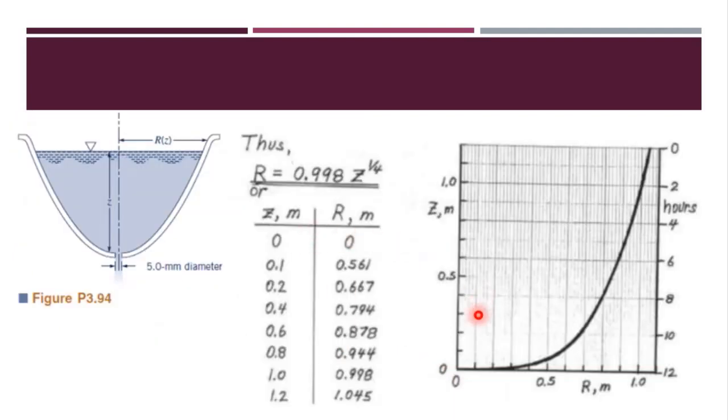We have also plotted this over here, the variation of the radius r of this vessel with this height z. So this shape has also been plotted over here, and on the right side we have the time. So this tells us how the time will change with the height or the level of water in this vessel.